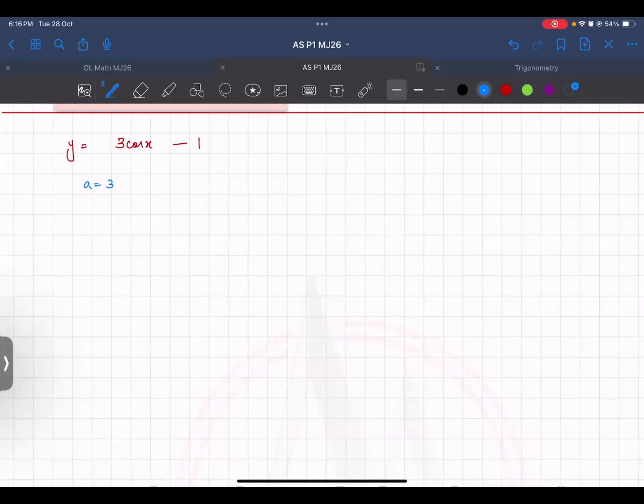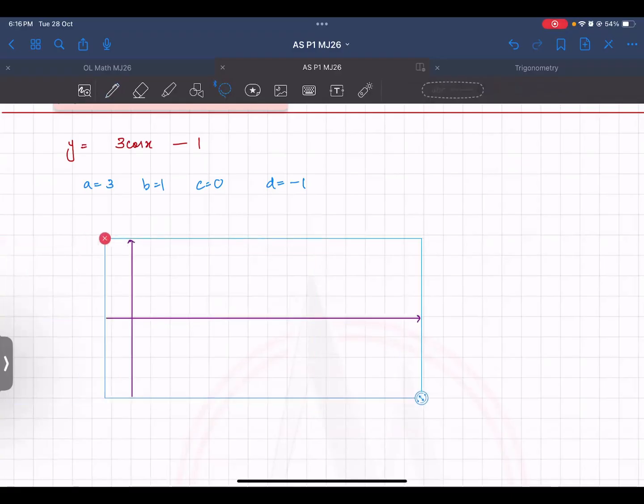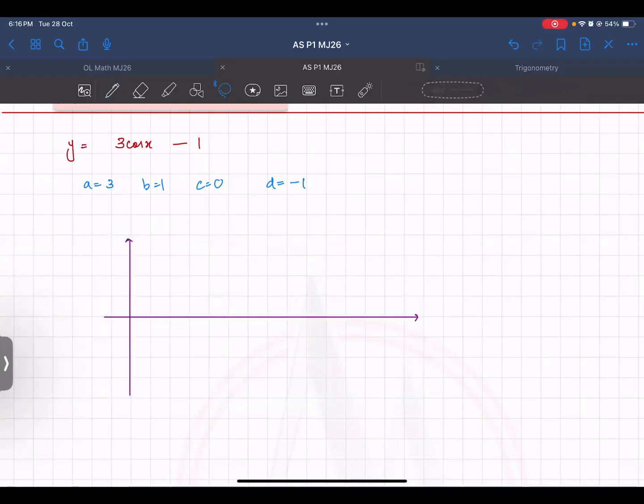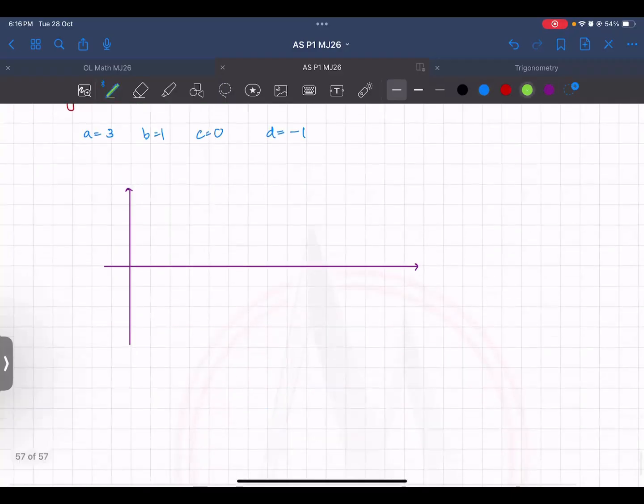A is 3, B is 1, C is 0, and D is minus 1, the thing which is outside being added. So that is your principal axis. So draw a dotted line at y is equals to minus 1. This is your mean line.